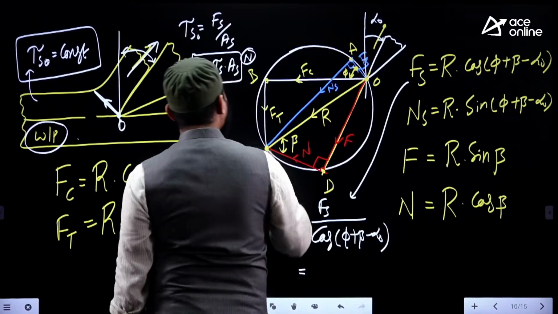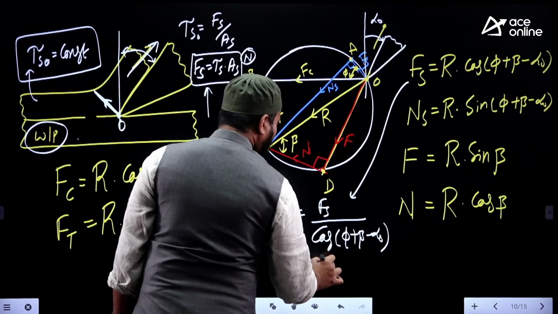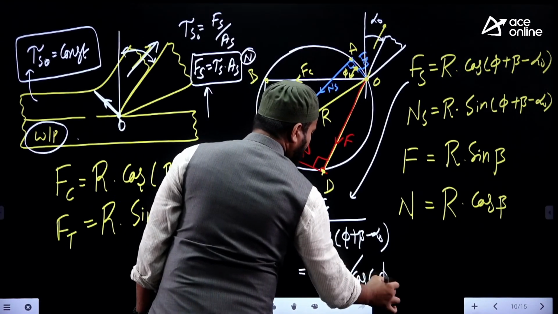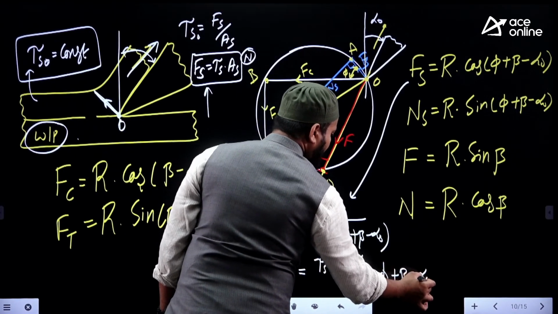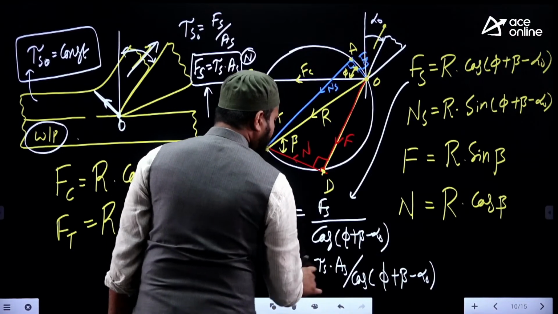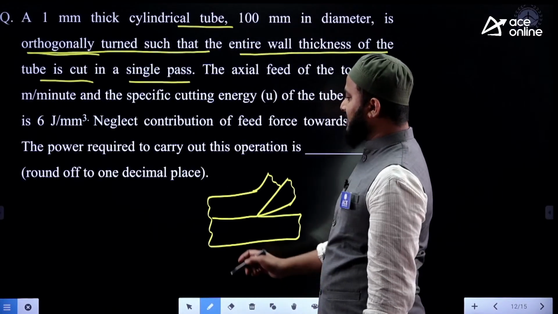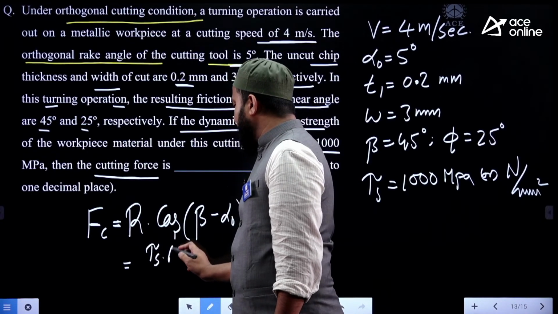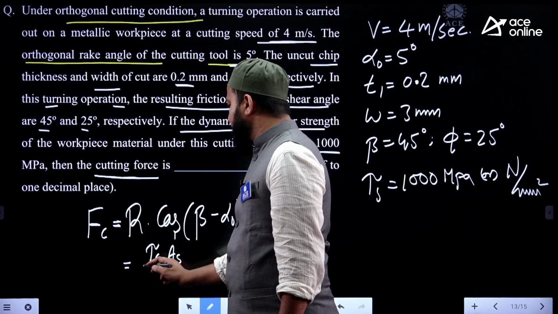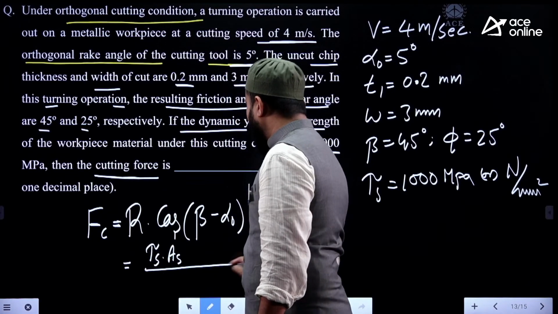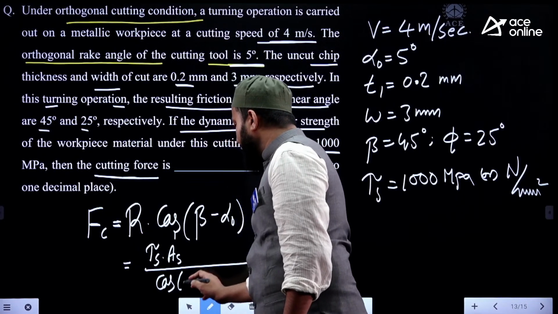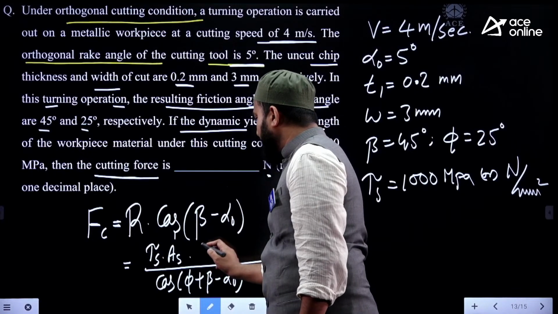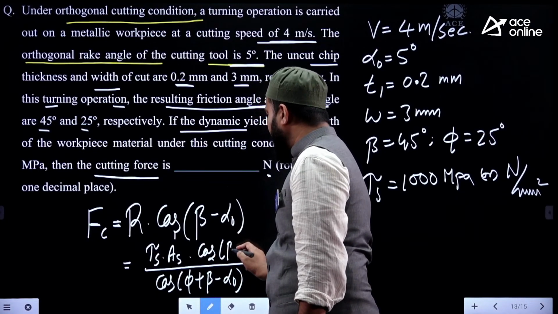Shear force also we can replace using tau s into As by cos of phi plus beta minus alpha. So once we have this much clarity, you replace the resultant directly. That is, instead of R, we write tau s into As by cos of phi plus beta minus alpha, into cos of beta minus alpha which is already there.